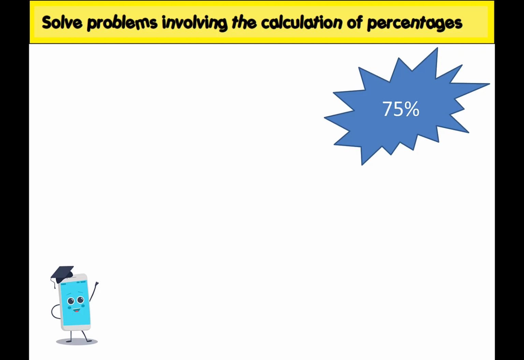75% is another percentage fact that you should learn off by heart. Have you seen any links between the percentages we've already looked at? Well, 75% is made up of that 50% and that 25%. And 75% is equal to 3/4.